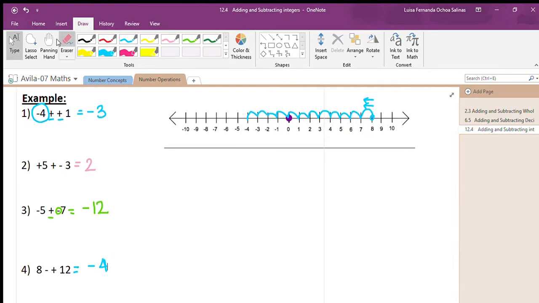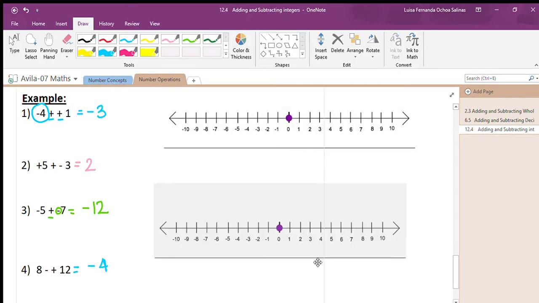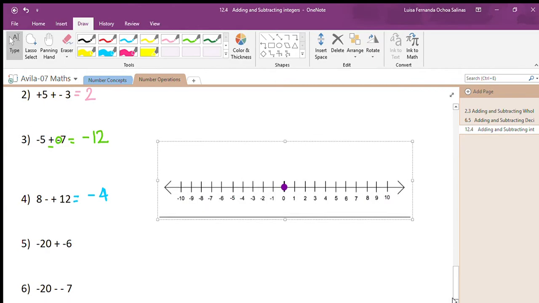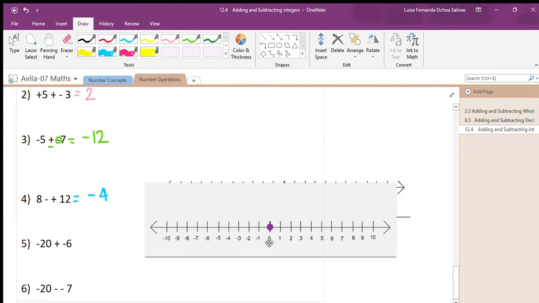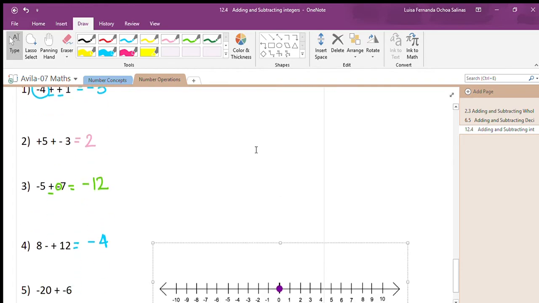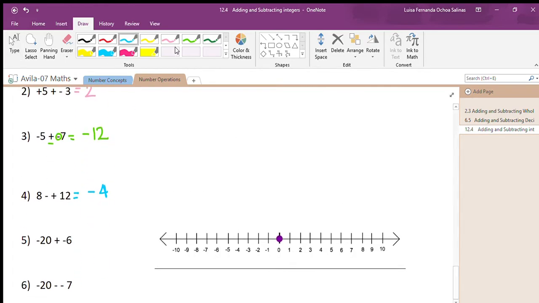Okay, I'm going to wipe this out and bring my number line down so I can do the other examples that I have underneath here. I only have 2 more examples to do. But for these ones, I don't need this number line.